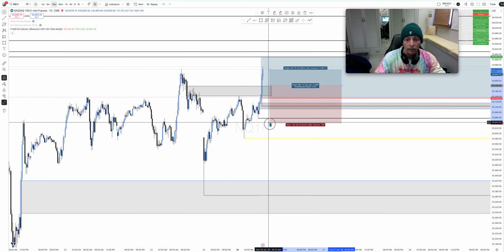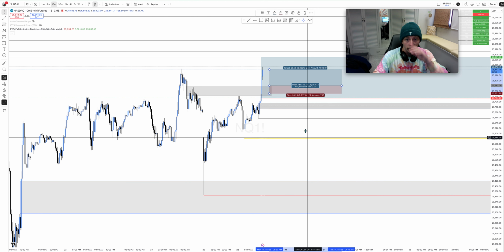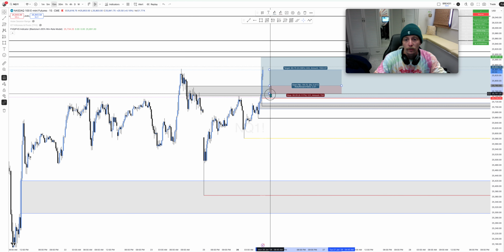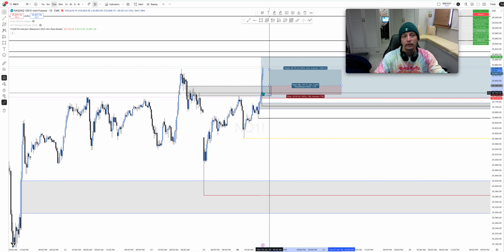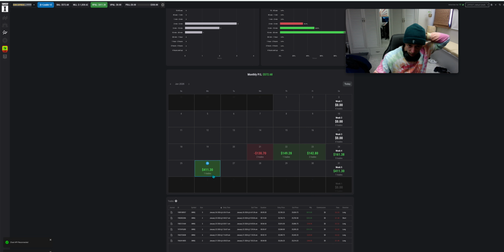I had my stop at 35 points, so it was right around there somewhere. I did 7 micros, so I was risking right around 350 bucks, and I got out with 411. If I hop over here to my TopStep, you can see 411. I took one trade.